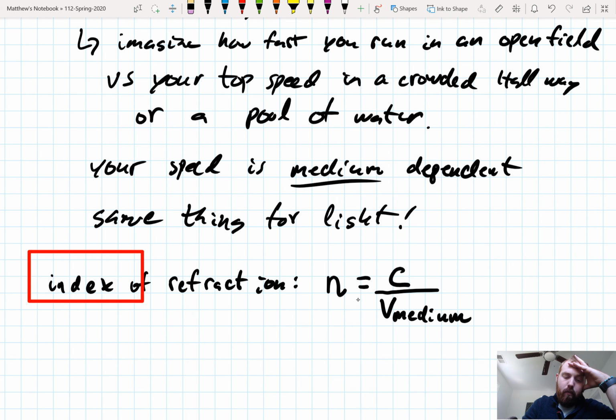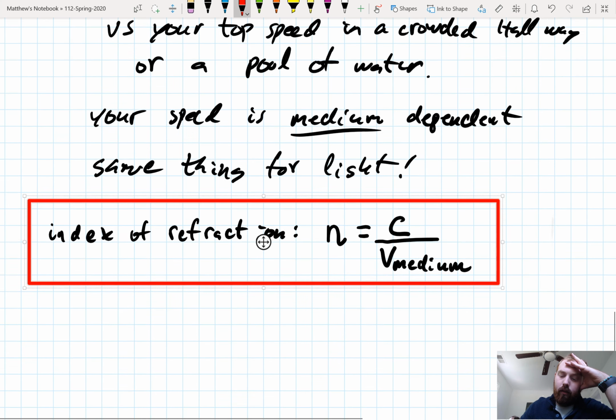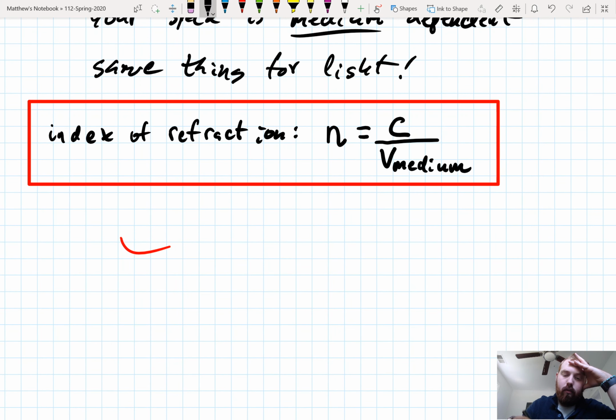So, big, important definition here, guys. This n value just says what is the speed of light versus how fast that light can move when it's in the medium. So light slows down when it hits the air. It slows down more when it hits the water.